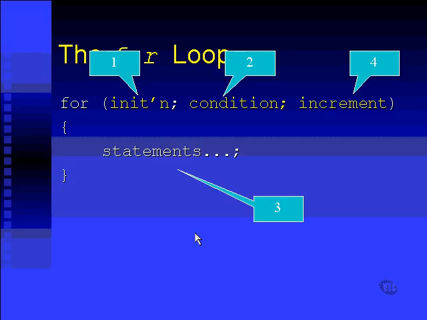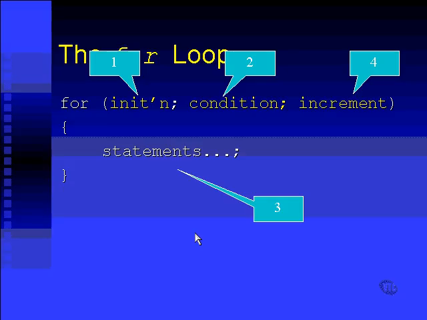And at that point, it goes back to number 2 and starts again. So it goes 1, 2, 3, 4, 2, 3, 4, 2, 3, 4, and it'll always stop on the 2. That is how the for loop works.